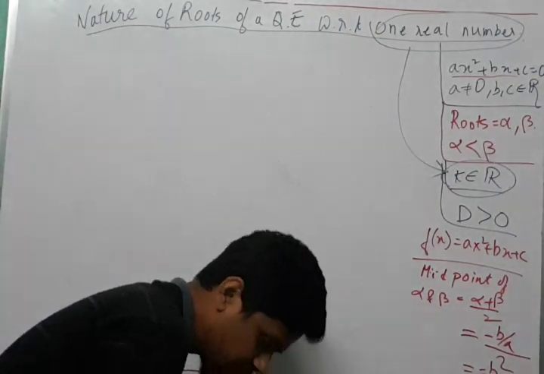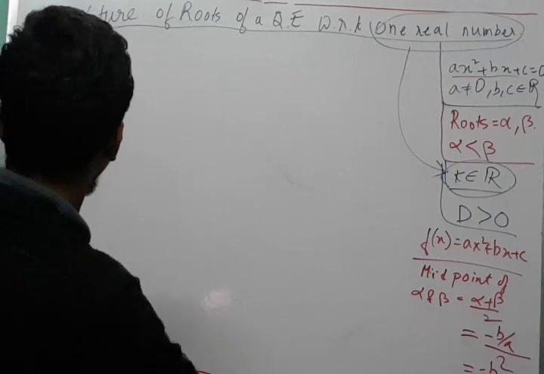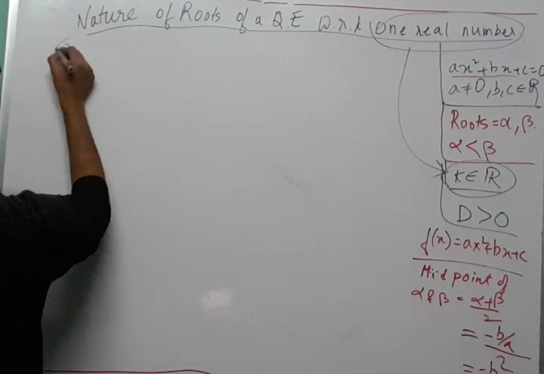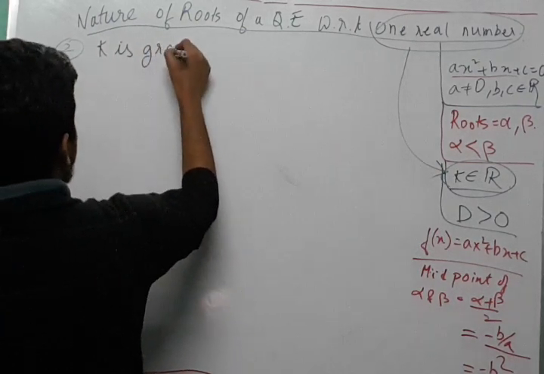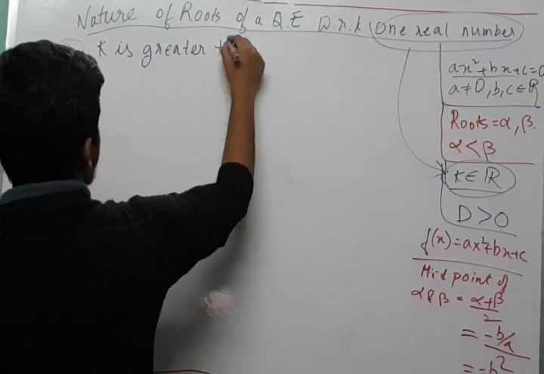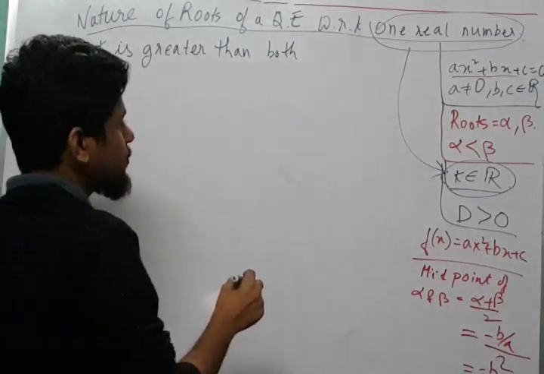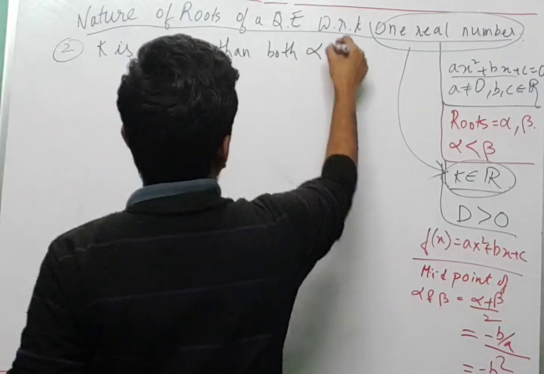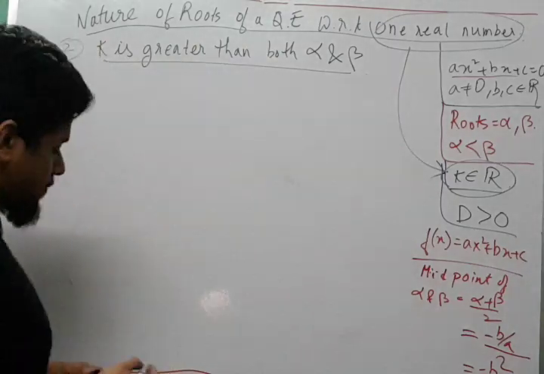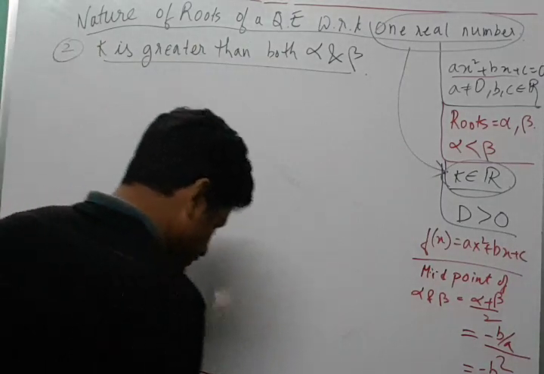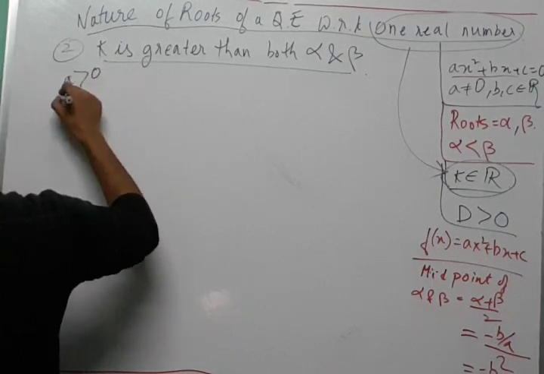So the next condition that we'll try to think about is, what happens when k is greater than both alpha and beta. So what happens in this case? Let me try to draw the graph again. So we'll again take the example that a is greater than 0.